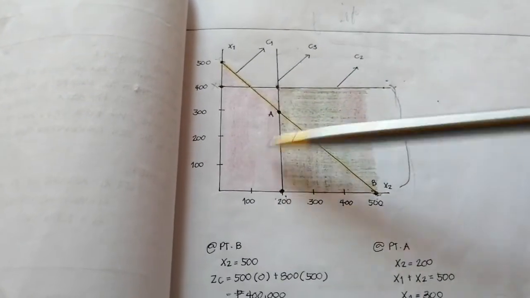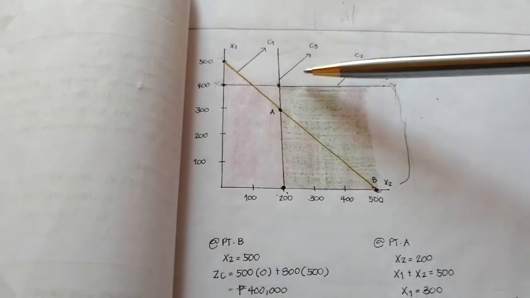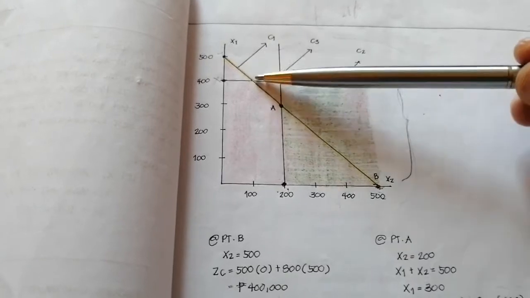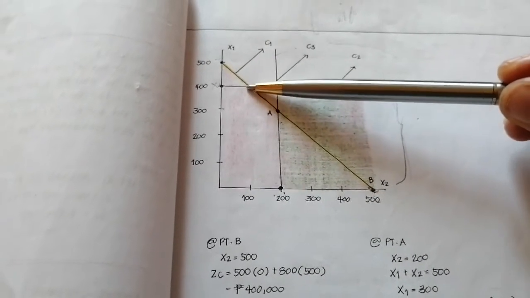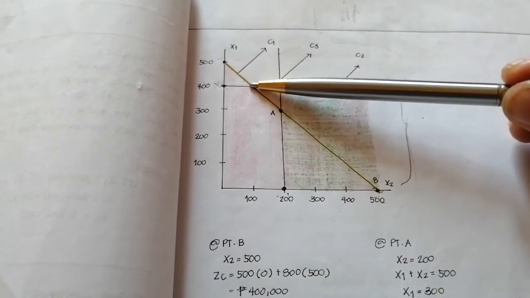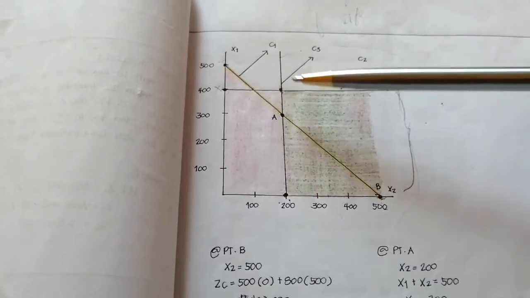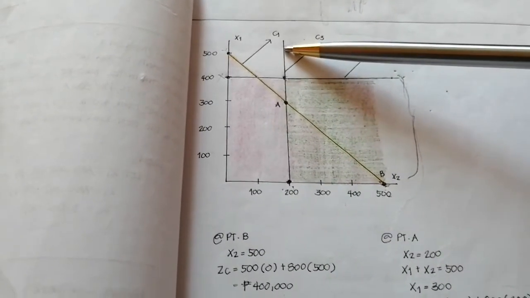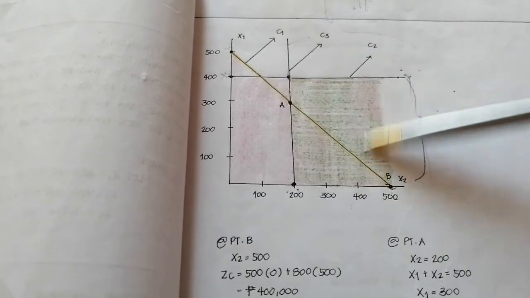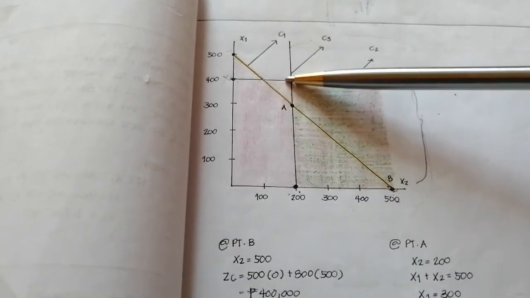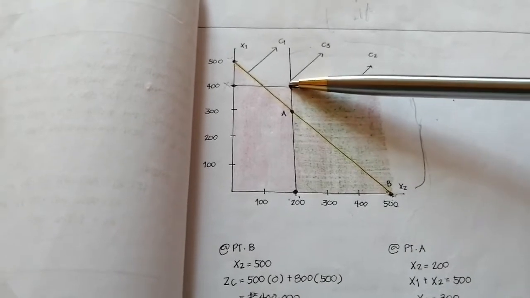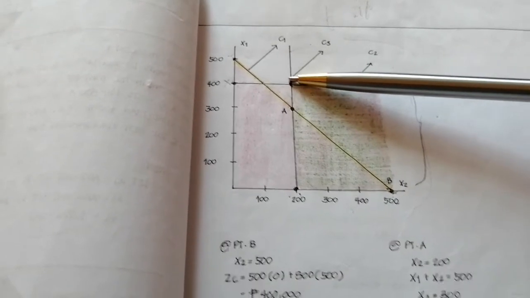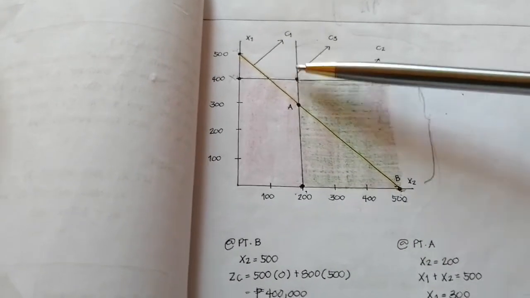It's okay with x2, but it's not okay with x3 and x1. So we don't consider this one. How about this point? It's okay with x1 and okay with x2, but not okay with x3, because this is the feasible area of x3. How about this? Okay with x2 and x3, but not with x1. So we don't consider it.